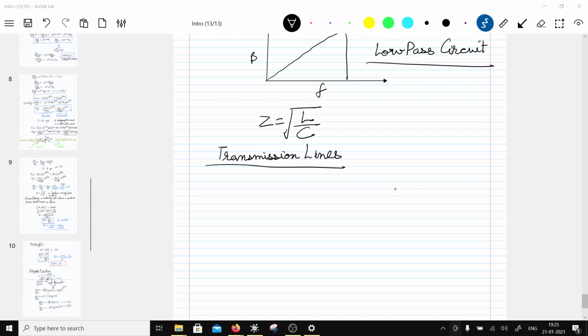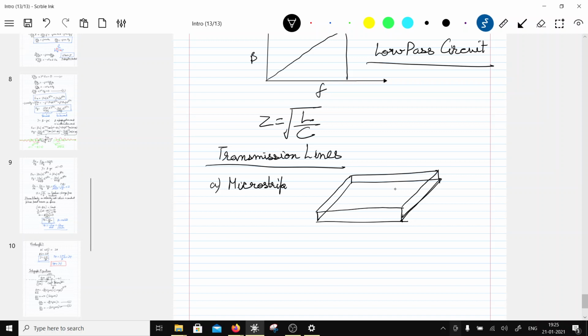One is called a microstrip line. So what is in a microstrip line? There is a ground plane, right, and then there is a substrate on top of it. Let's draw this in blue.